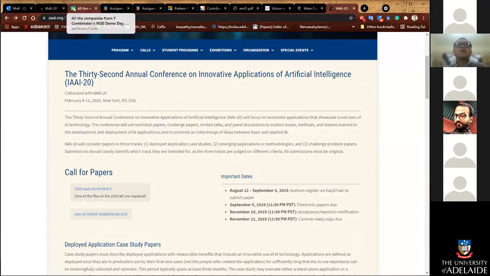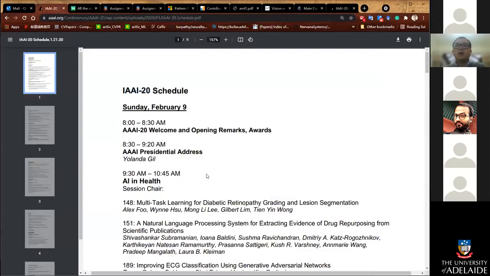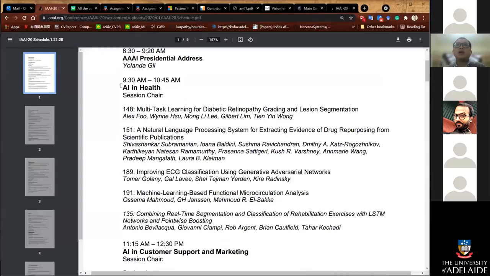If you check the paper titles, you can see AI in health, like multitask learning. Multitask learning is a kind of machine learning algorithm, right? Multitask learning for diabetic retinopathy grading and lesion segmentation. That's the application, and this is a method. A natural language processing system for extracting evidence of drug repurposing from scientific publications.